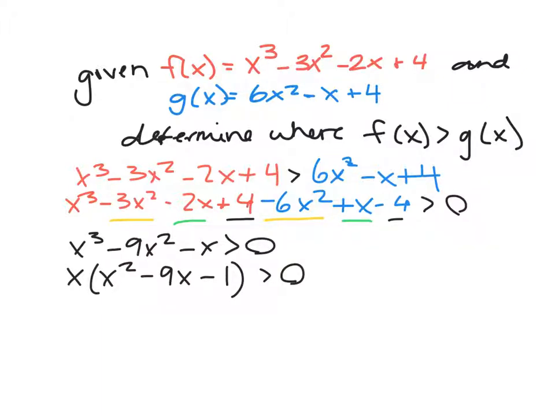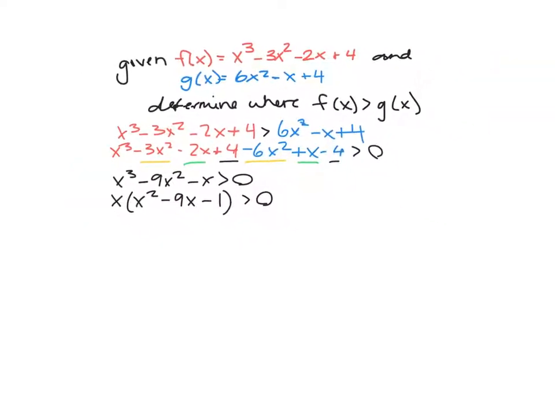Okay, now, is this at all factorable? Can we find factors of 1 that get us 9? Absolutely not. Factors of 1 cannot get you 9 because that's just 1 times 1. So we will have to use the quadratic formula.